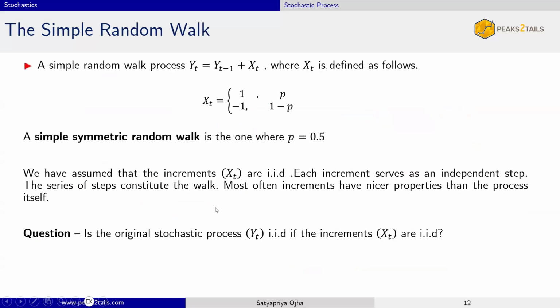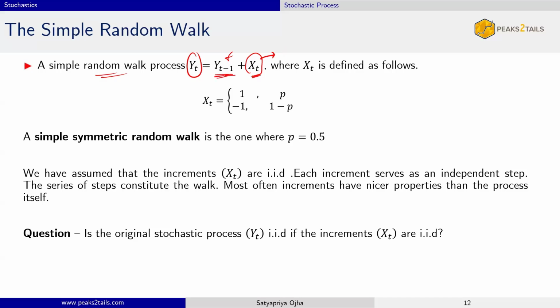Okay, so let me formally introduce the simple random walk process. A simple random walk process, Y_t. In our case it was stock price, but I'm just saying in general it can be any Y. Simple random walk process Y_t is the previous value of Y plus something. So this is an add-on, right?